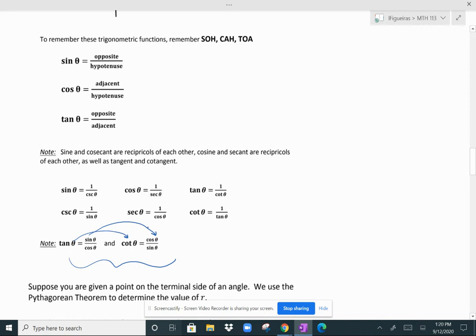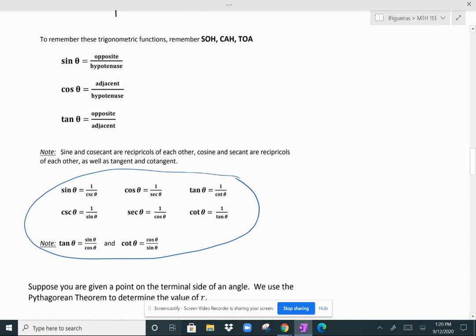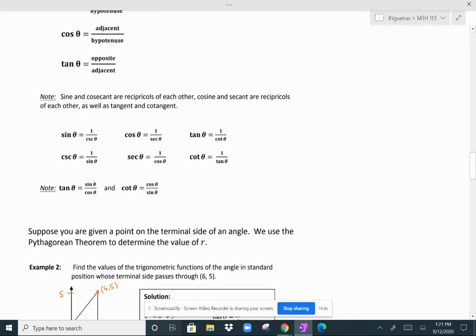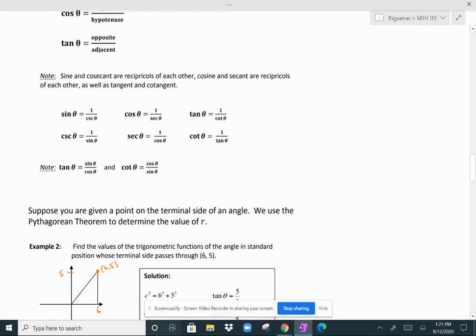So all of this information is needed not only to understand how to identify your 6 trigonometric functions based off of a triangle, but also later on in the course to simplify trigonometric expressions. It is necessary to know these relationships. Okay. So suppose you are given a point on the terminal side of an angle.